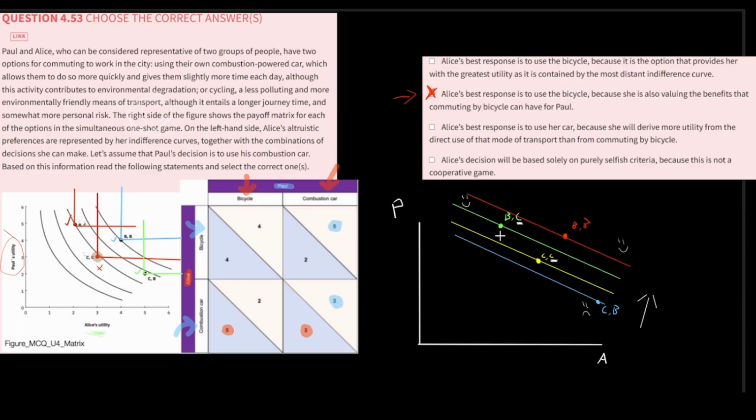And so we get these odd outcomes such that we may end up something like this here, even though it would not be a Nash equilibrium. It would be kind of our happiness maximizing point given what the other player is doing. And that is given that Paul will always drive a car.